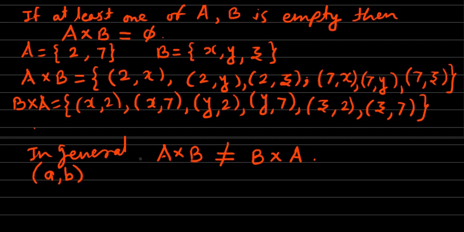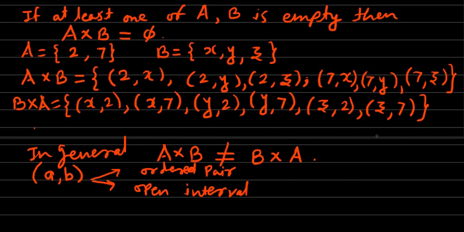And sometimes this (A, B) is used to mean the open interval A to B. So this is used to mean an ordered pair, and also it is used to mean an open interval. There is nothing to distinguish, nothing to have confusion between these two.